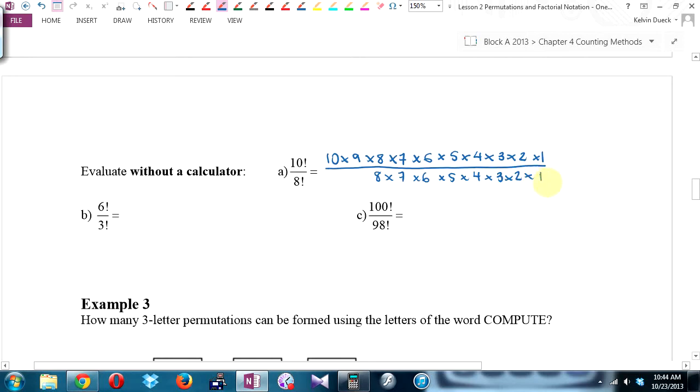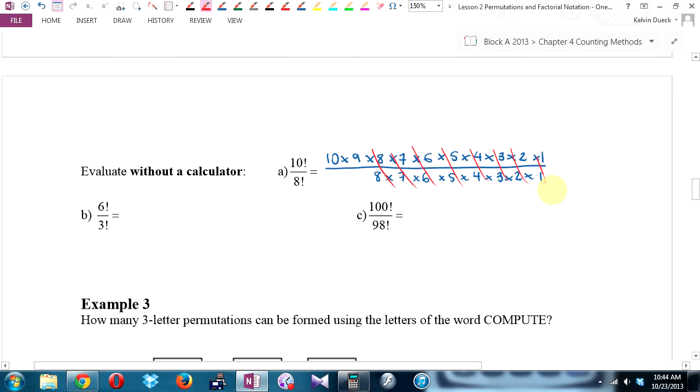Does anybody see what we can now do? I think stuff will cancel here because it's all multiplying on the top and it's all multiplying on the bottom. I think I can actually go cancel, cancel, cancel, cancel, cancel, cancel, cancel. And you know what, Rosanna? In your head, do you know what 10 factorial over 8 factorial simplifies to?